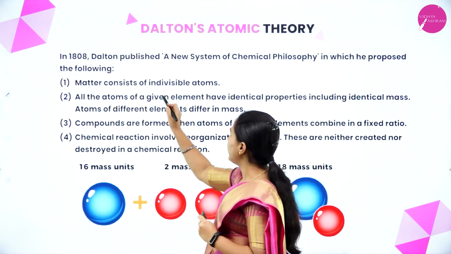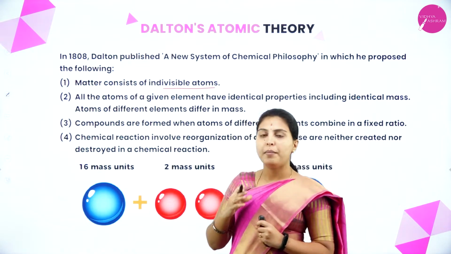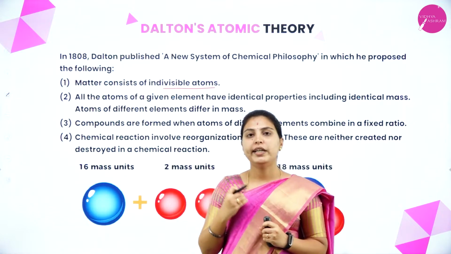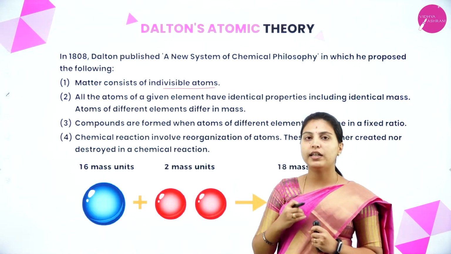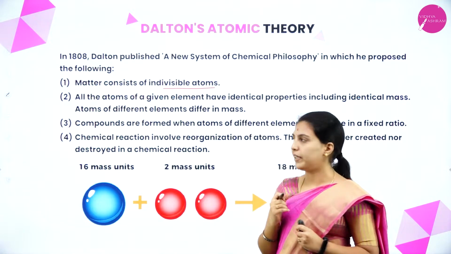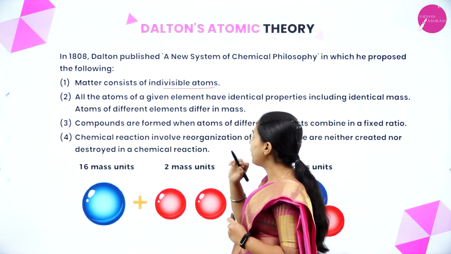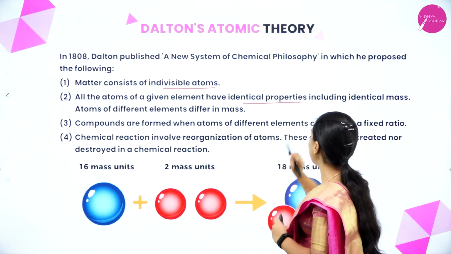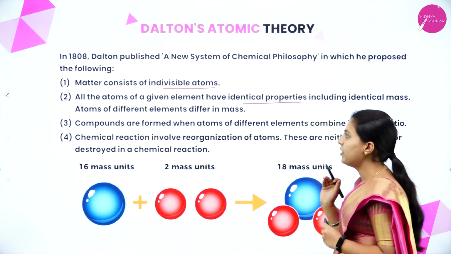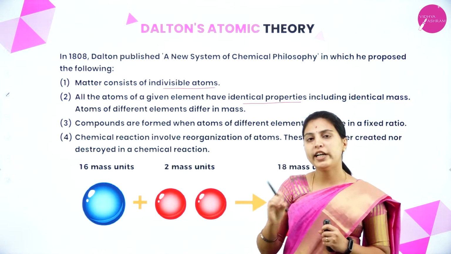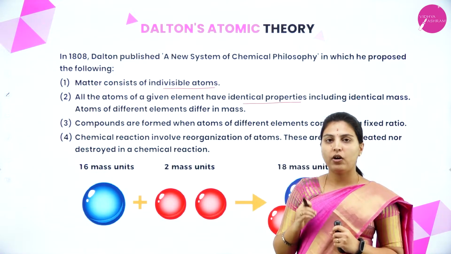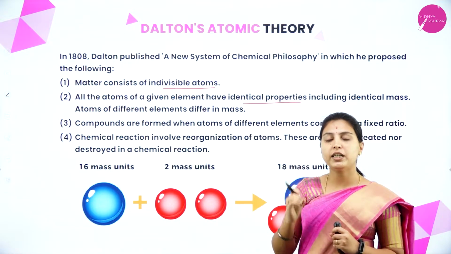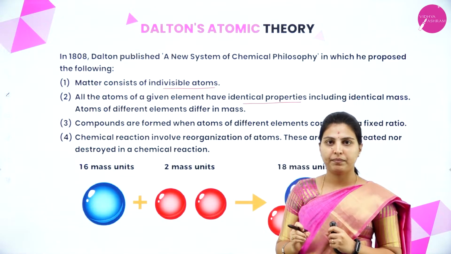Matter consists of individual atoms. We know matter consists of, or contains, many atoms. All atoms of a given element have identical properties, including identical mass. In one element, all atoms will be identical and all atomic properties will be the same.